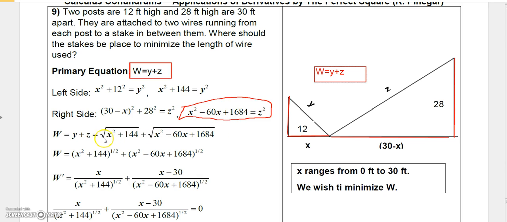So now I have y and z, and that represents the equation that I'm trying to optimize. Now let's write these with rational exponents. The square root of x squared plus 144 is (x squared plus 144) to the 1/2, and the square root of this trinomial would just be this trinomial to the 1/2.